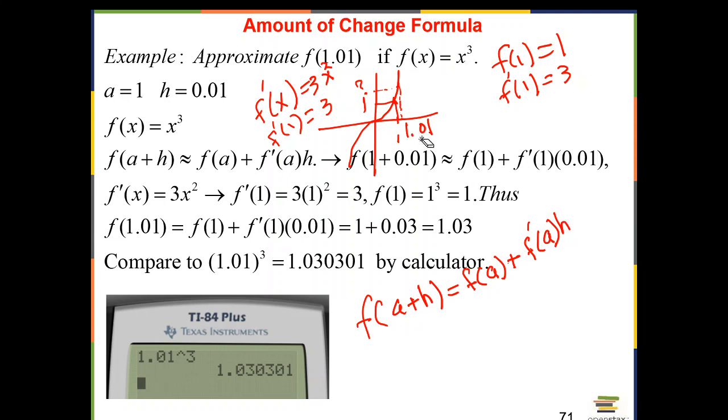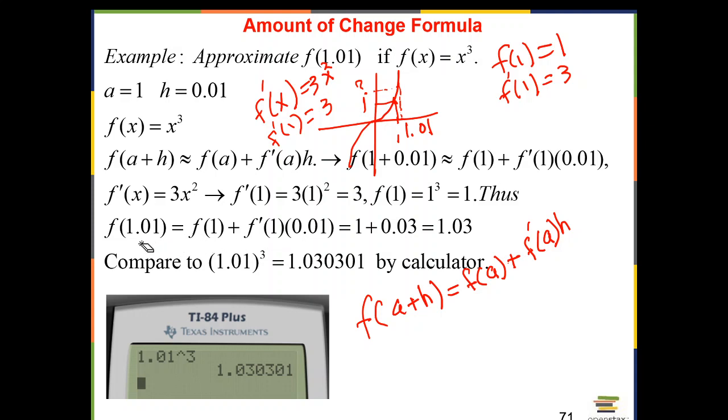The amount of change is just 0.01. That's the difference between a and a plus h, which is h. So that's the idea.